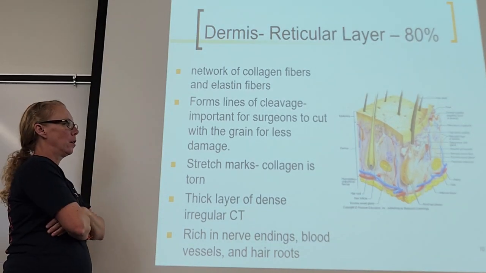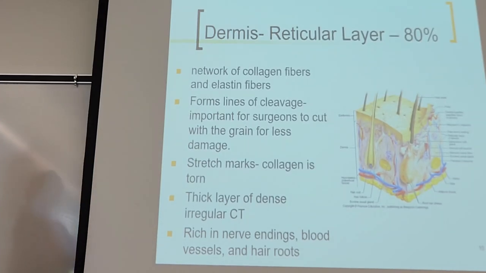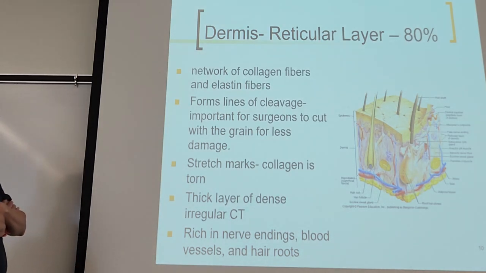So in this layer of the skin, you can get stretch marks, and stretch marks happen when those collagen fibers get torn, either from trauma or maybe excessive weight gain. Females that are pregnant, they can get stretch marks on the side of their belly. That's the layer of the skin where you're going to see that kind of damage. It's the collagen fibers.